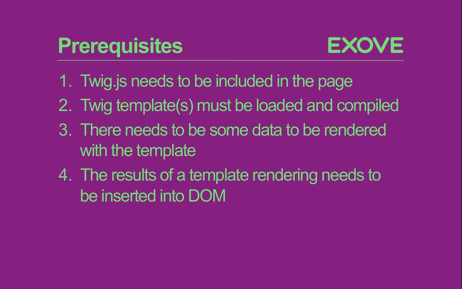Then we need to have some data that we are going to render, because it's pointless to have a template that renders without any data, as you could just write that in static HTML and be happy with it. And then the resulting rendered string needs to be injected back to the DOM tree so that the user actually sees it. So those are the things that we need to do.